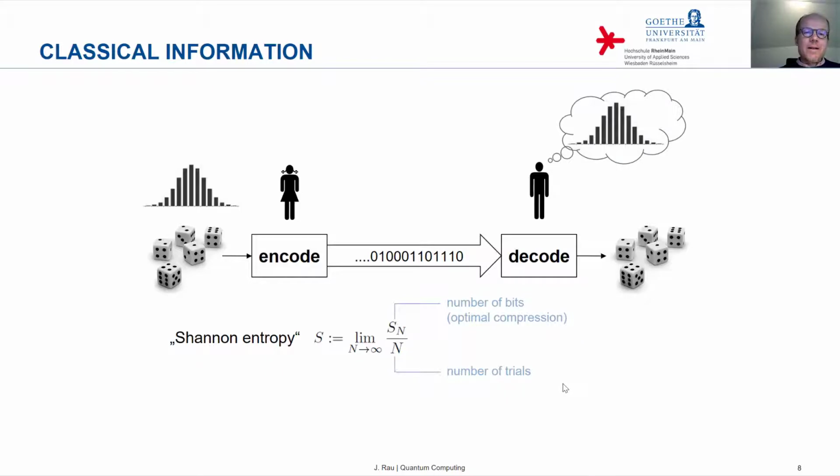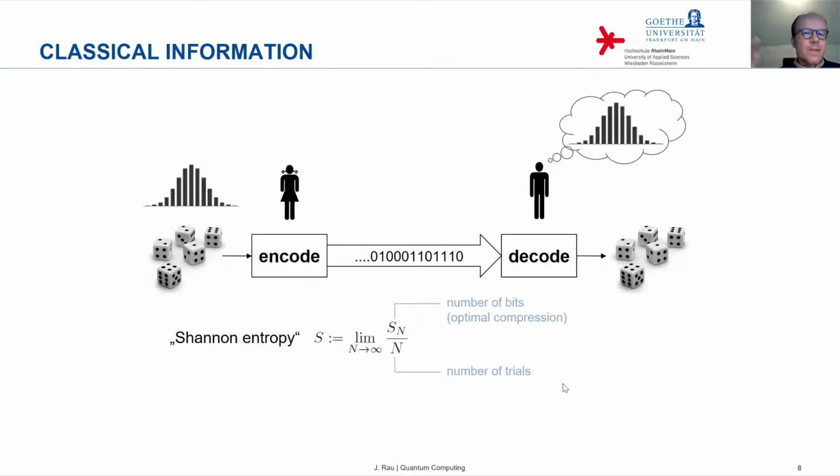In the limit n going to infinity, that's the optimum that you can achieve. Yeah? And then on average, in this optimal scenario, you need S bits per trial for the encoding. And that's the Shannon entropy. Yeah? So it's an idealized scenario.